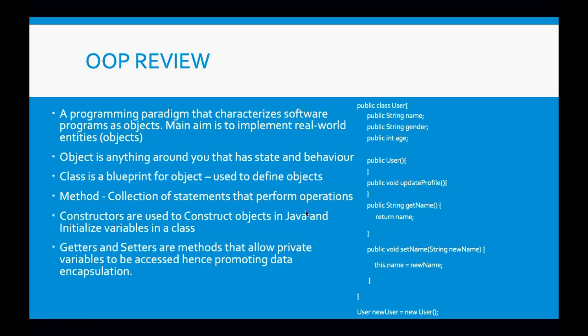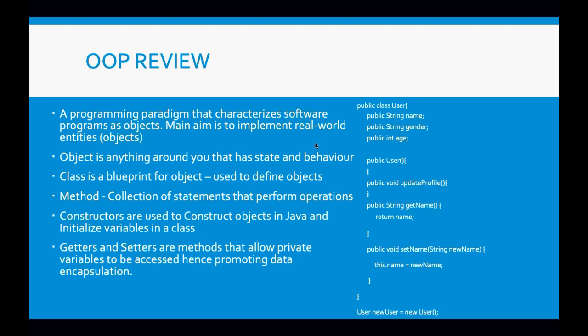So we're going to go into the review now. And like I said last week, object-oriented programming is a way to characterize software programs with objects, so real-world entities like things you see around you, your bicycle, your car, you yourself as a person, your phone, just different things around you, and they're classified as objects that have states and behavior.